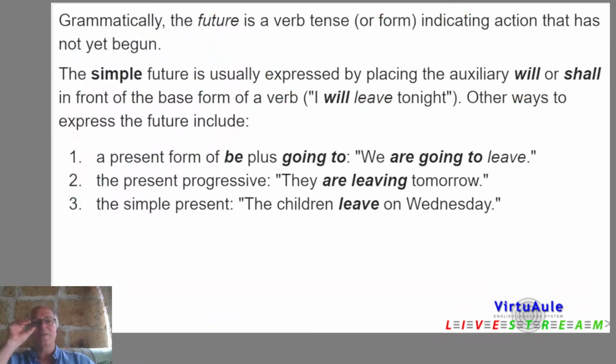Grammatically, the future is a verb tense or a form that is indicating action that has not yet begun. Okay, this is using a negative idea, an action that is anticipated, an action that will come. It's not very good to use will for the actual definition, but here we have it.